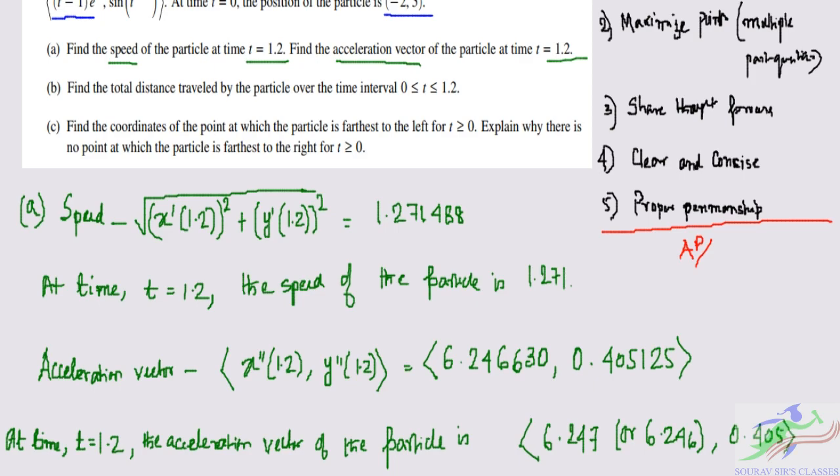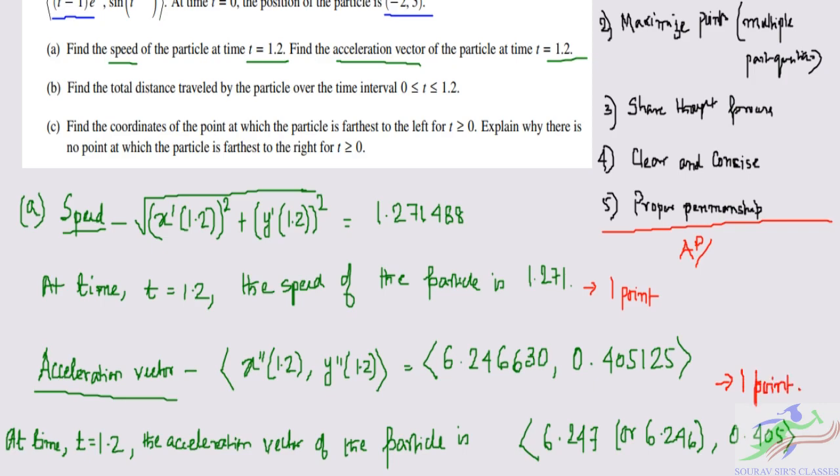This is the acceleration vector you have to find. This is part A, the speed and the acceleration vector. For the speed we have 1 point, and for the acceleration vector we have 1 point, total 2 points.